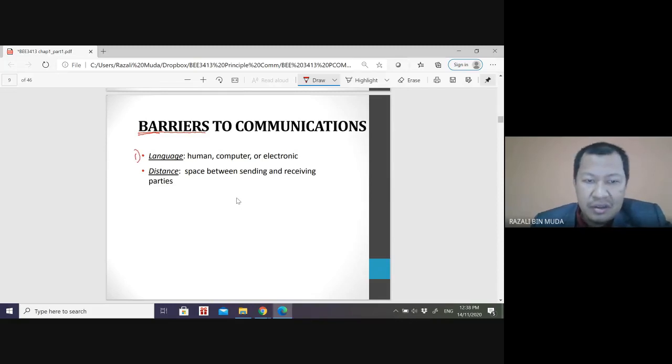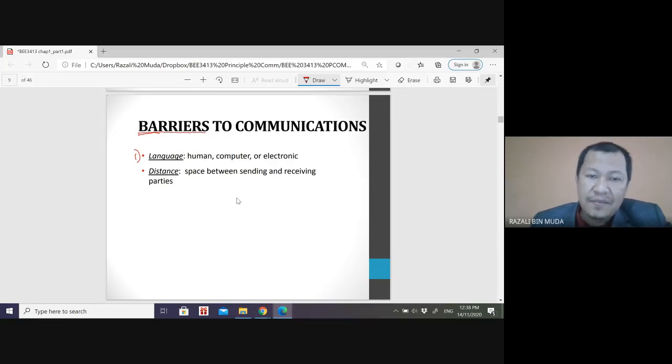Either between humans or between computer systems or electronics, the language is very important. In order to communicate, we need to use the same or a common language. Common means both have to understand the language, so then you can communicate.